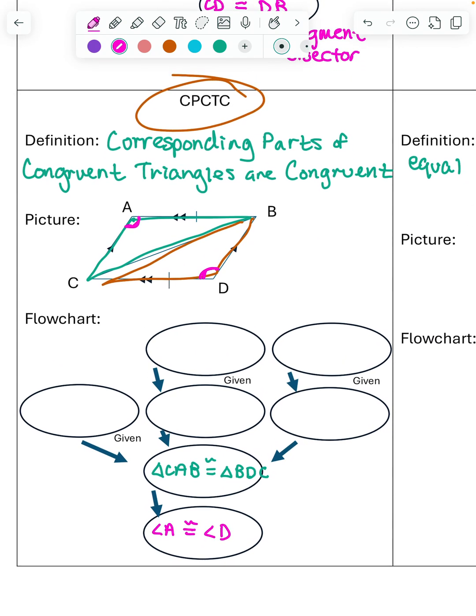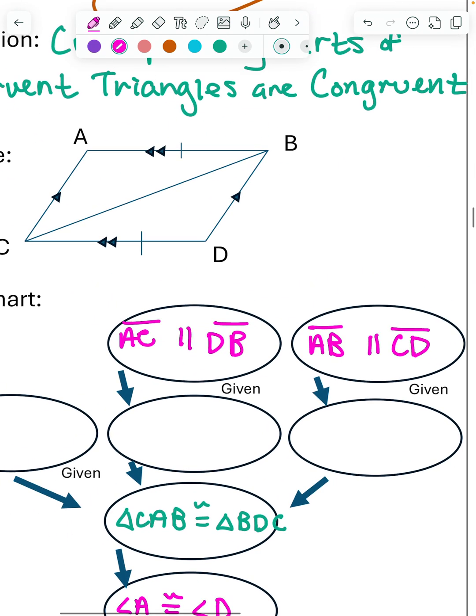But the way we would get here is we were given some sides that are parallel to each other. We were given that side AC is parallel to side DB, AC and DB. We were also given that AB is parallel to CD, again with those arrows. So AB is parallel to CD. Usually when we see parallel, that's telling us that alternate interior angles are congruent.